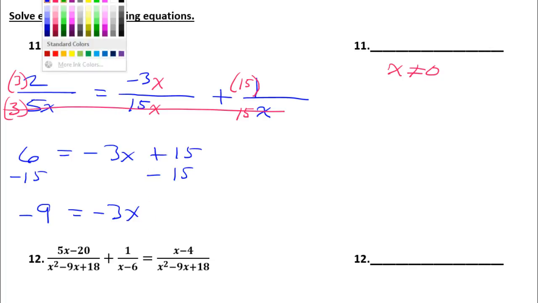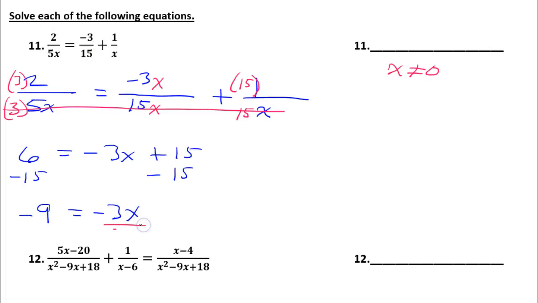Then I can just divide both sides by negative 3. So these cancel out, and I get x equals 3, positive 3. And that is not excluded, so that's the answer to the equation.